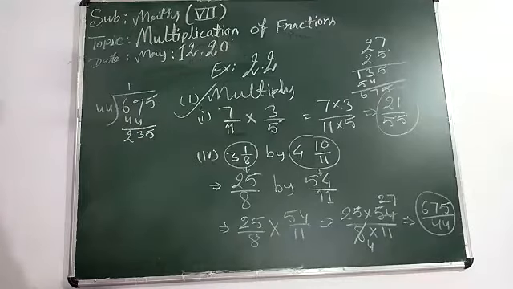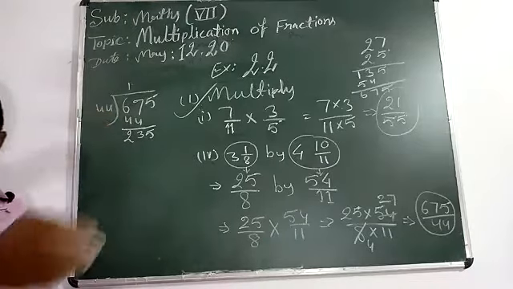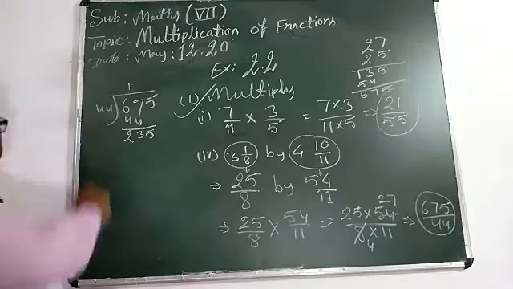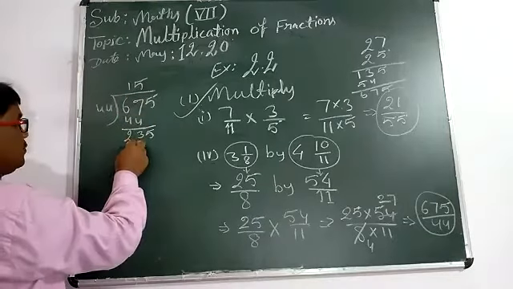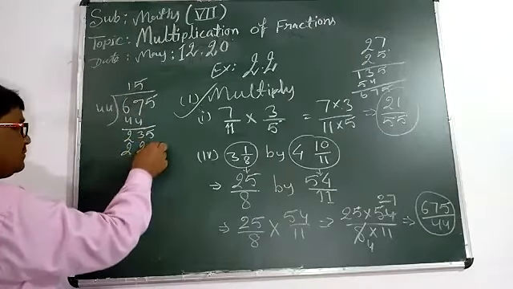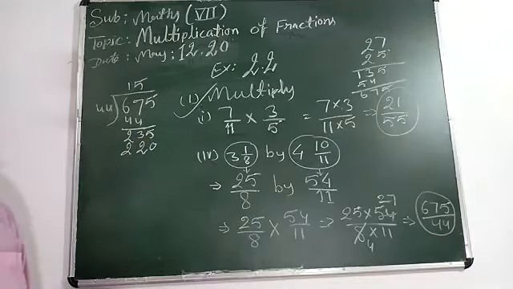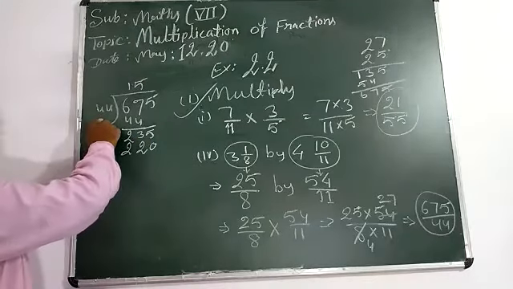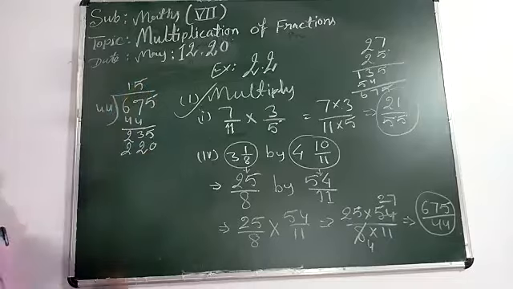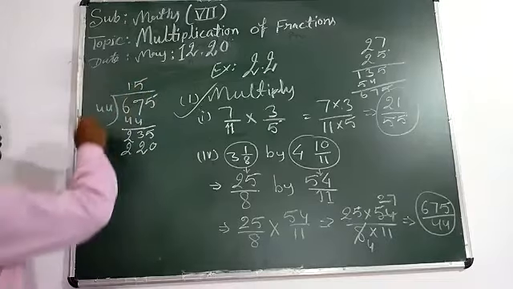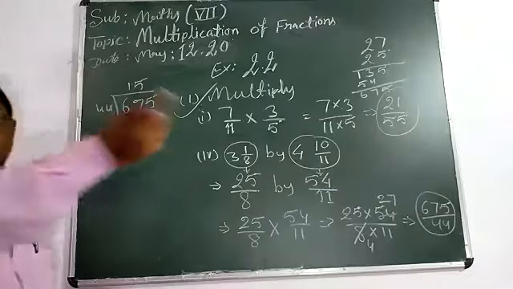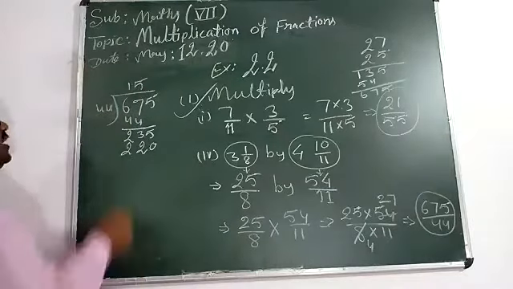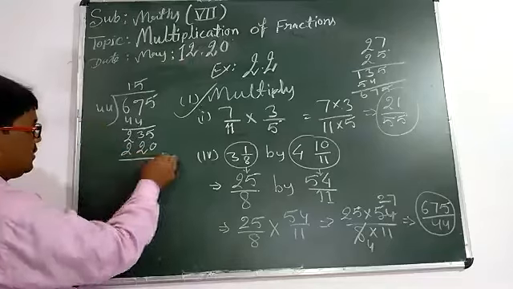4 5 is 20, 4 5 is 20. So 44 5 is 220. How? 4 5 is 20 and 4 5 is 20. Okay, you can multiply also.